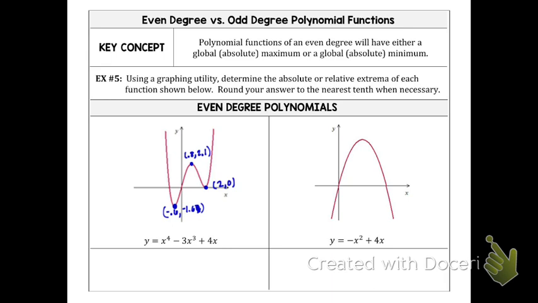And so we can see we have local minimums at -1.6 at x equals -0.6 and 0 at x equals 2.